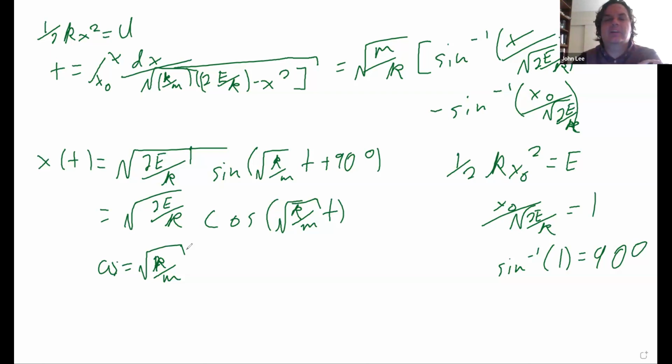So we understand that it oscillates back and forth, but with this, we know exactly how it oscillates back and forth. It oscillates as a sine wave, and it oscillates with an angular frequency of square root of k over m. So this is a very important understanding as you take higher physics classes.